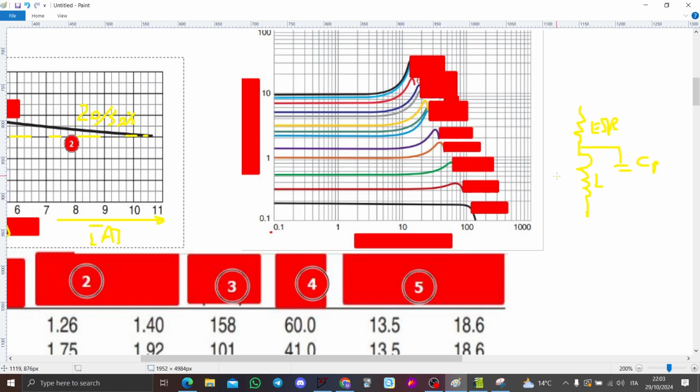And these parasitics will basically influence the behavior at very, very high frequency. This capacitor in particular.